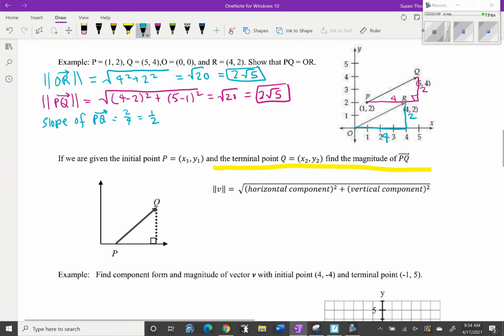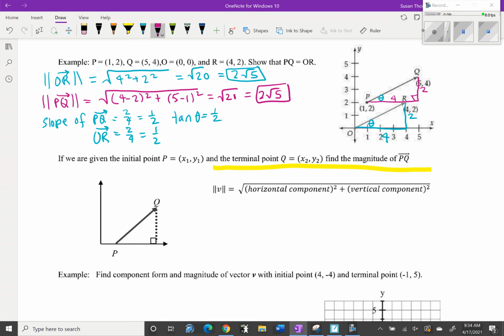And the slope of OR, again, rise over the run, so 2 over 4 equals 1/2. And remember, we can use the tangent because that's the angle. So the tangent, opposite over the adjacent, of both of these gives us 1/2 as well.